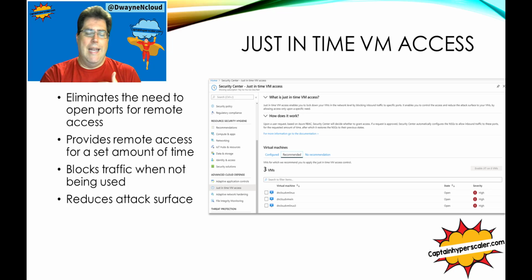So when you enable just-in-time virtual machine access on your virtual machines, and then you request access, the amount of time that access is requested for and approved now creates a NSG rule, which is a network security group rule.